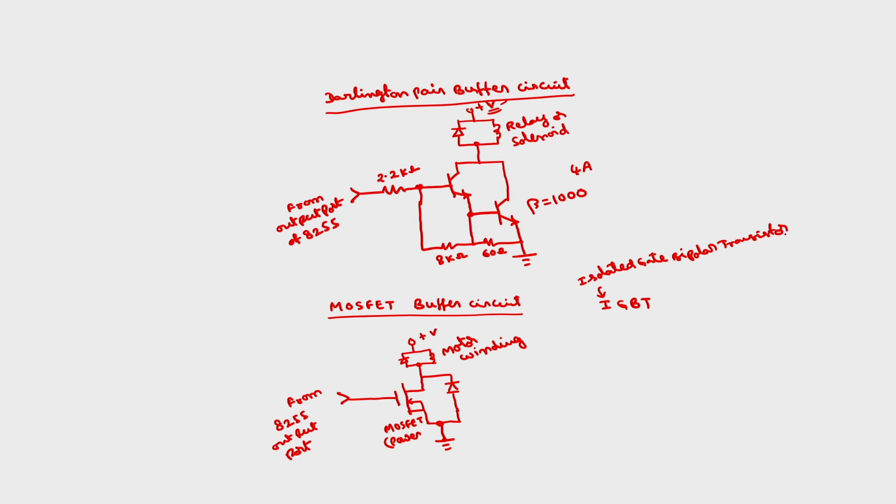It is called an IGBT buffer circuit. This you have to take from the output port of 8255. Normally this is similar to the transistor only, but here the gate will be isolated.